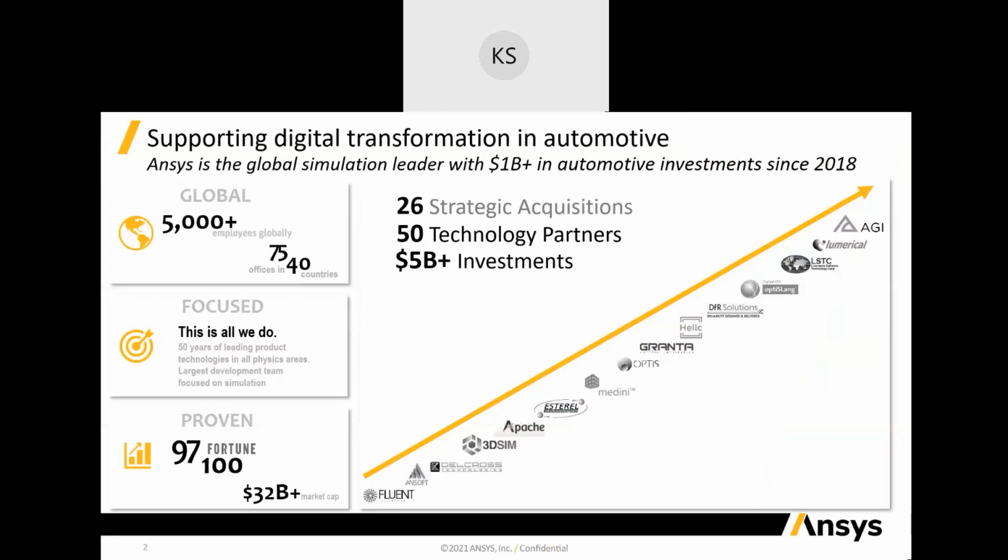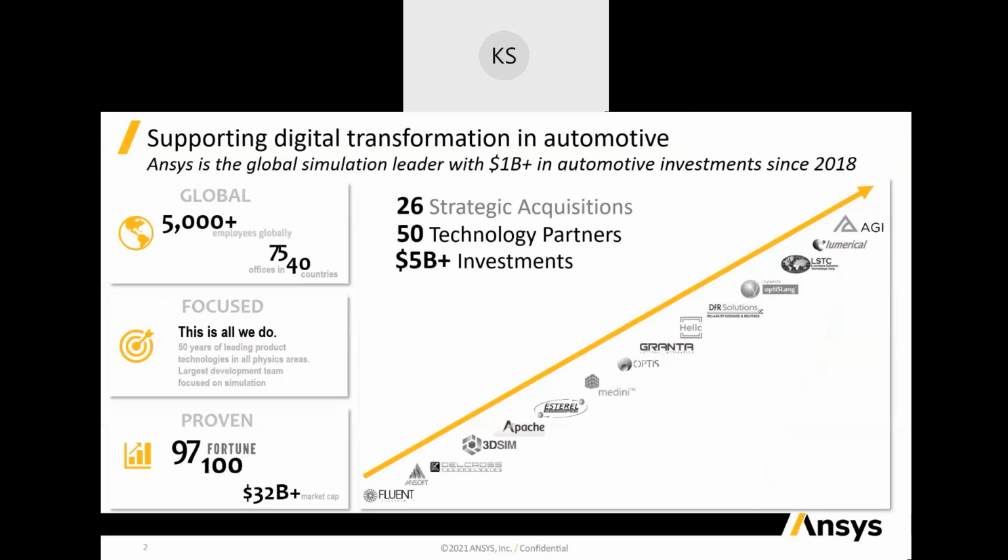But before we get into that part, let's talk about Ansys. This is an introduction to the company. We are a global simulation leader, a simulation provider, and we have 5,000 plus employees globally, with 75 offices in 40 countries. We are all focused only on simulations.